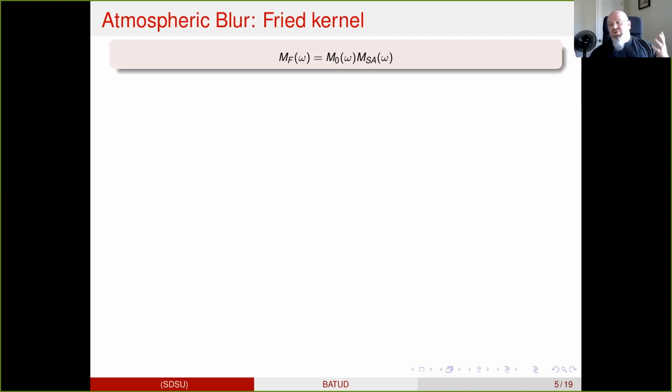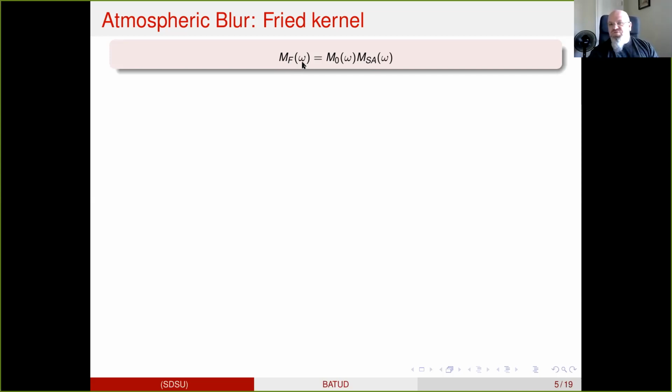The interesting part is that he showed that we can find a model for the blurring kernel corresponding to the impact of turbulence on images. This kernel, I denoted MF, F as in Fried, of course.